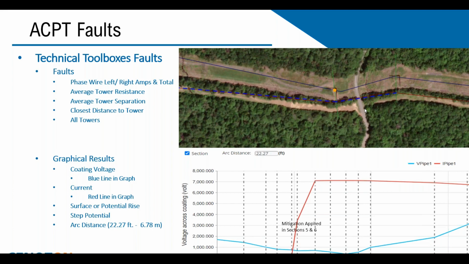What we look at is the coating voltage, and you can see that we did some mitigation in here. And if you look really close at the map, you see this dashed blue line. What that was done for was the idea that, based on the proximity of this tower, it was decided that the arc distance was very close to where a conductive fault could occur.